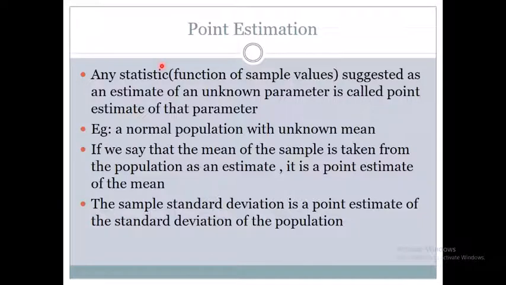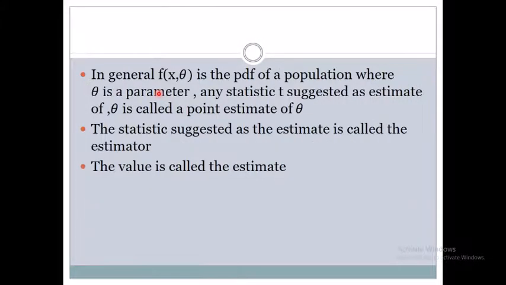In general, if f(x, theta) is the PDF of a population where theta is a parameter, any statistic T suggested as an estimate of theta is called a point estimate of theta. Evidently, a point estimate is a random variable.